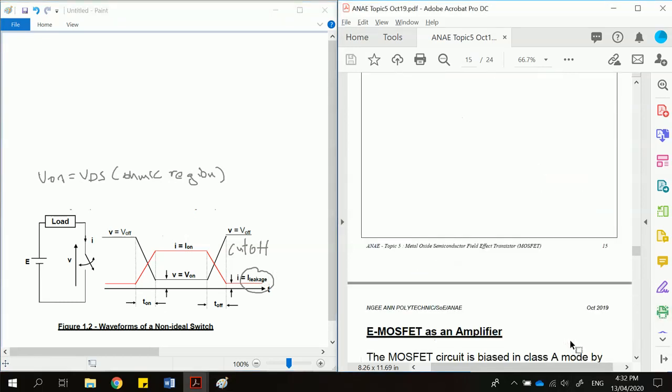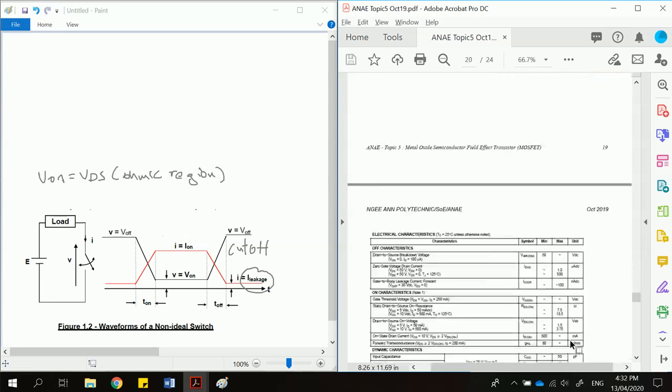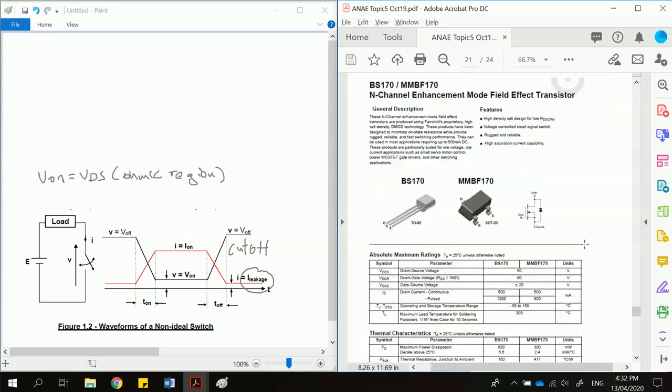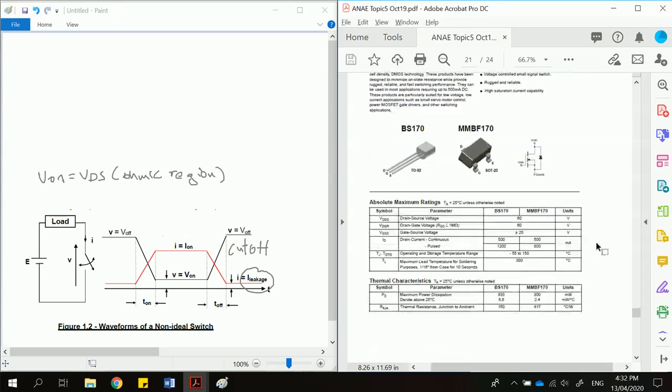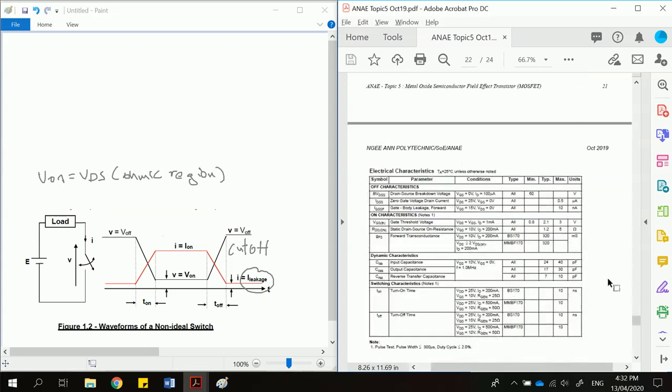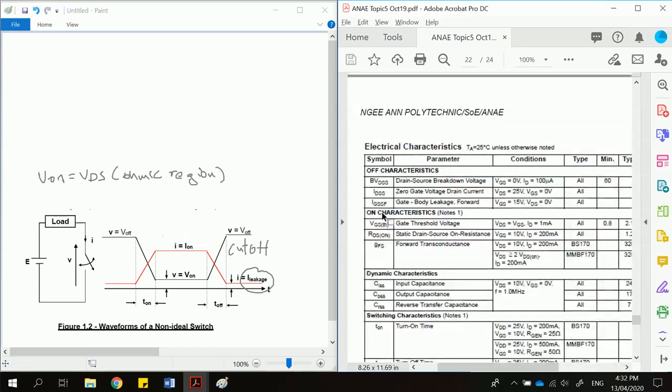If I page down to your notes from last year, you can see that this is one example that you have seen in your notes. And the I leak of this MOSFET is indicated over here. The I leak is known as the IDSS, zero gate voltage drain current.